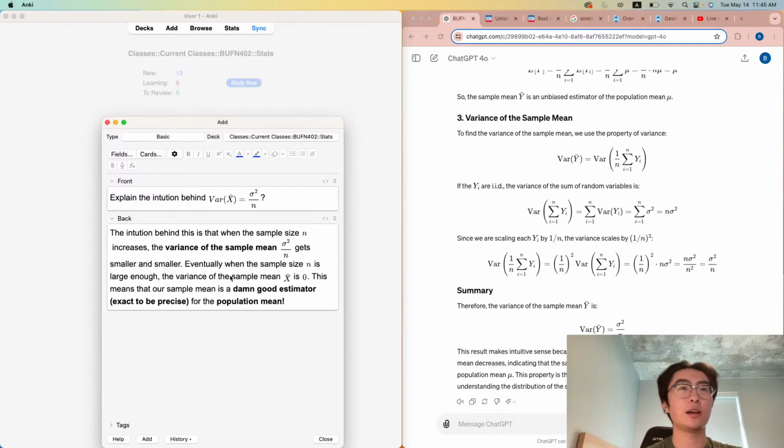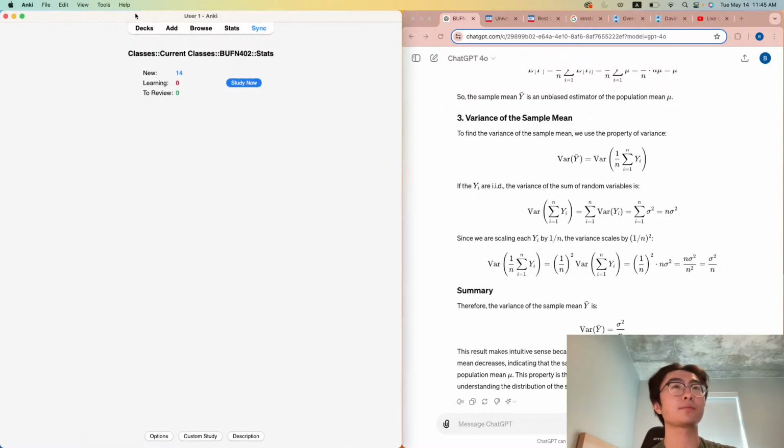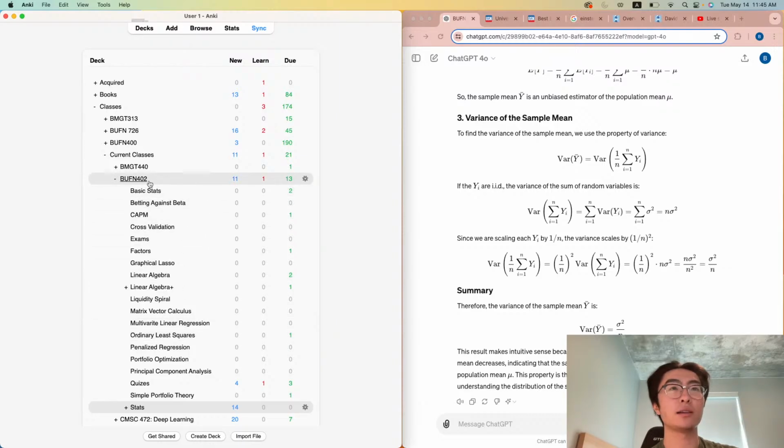And eventually, when the sample size n is large enough, so when this goes to infinity, the variance of the sample mean x bar is 0. This means our sample mean is a damn good estimator, exact to be precise, for the population mean. Alright, I'll take that. I think that's pretty good. So that is pretty helpful.